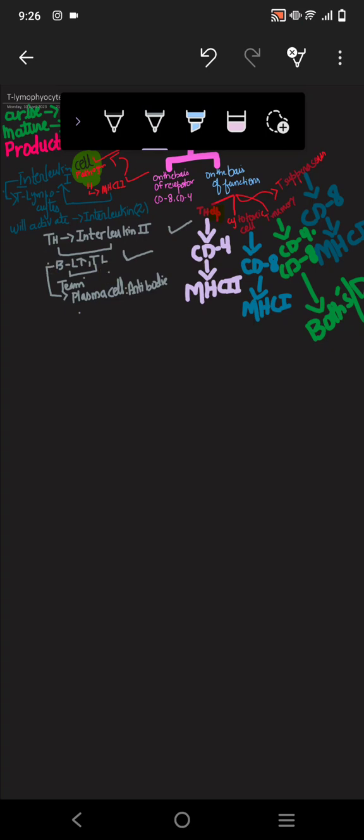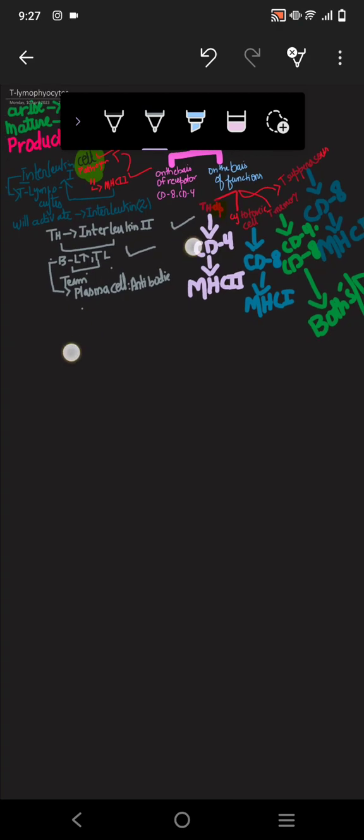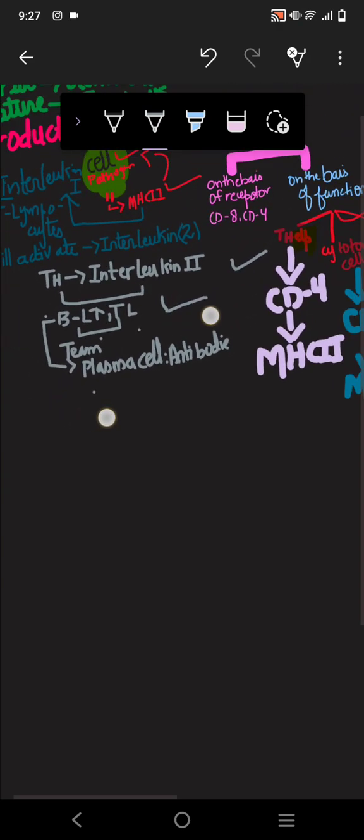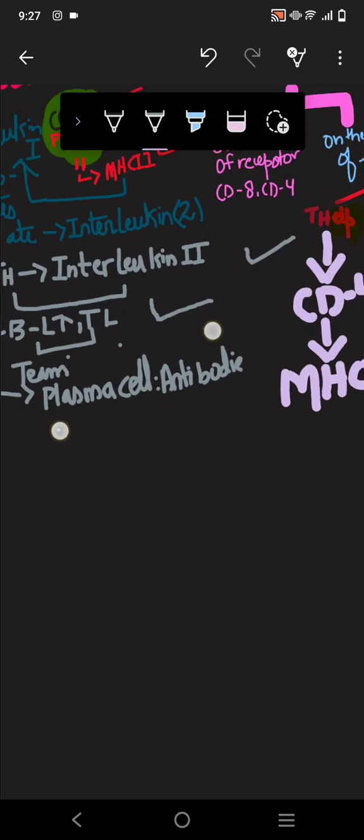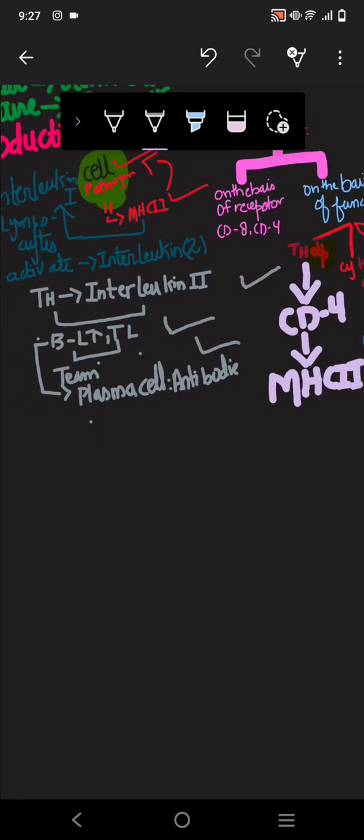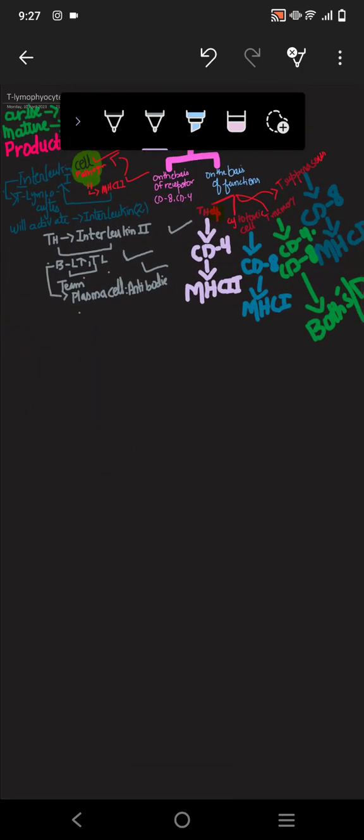So when the B lymphocyte is activated, as we know, it differentiates into the plasma cell and the memory cell. So what will the plasma cell make? This plasma cell will make the antibodies.